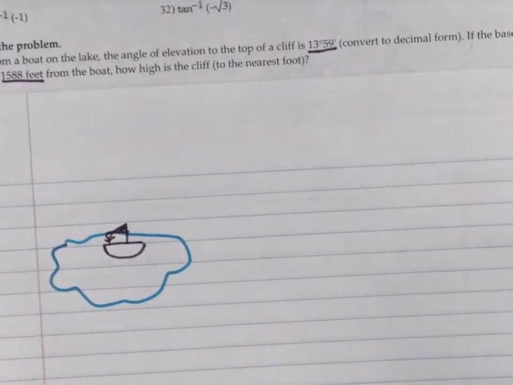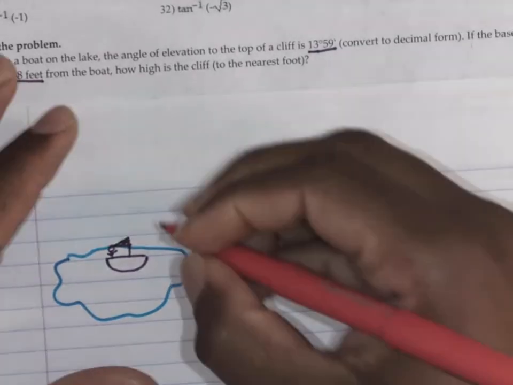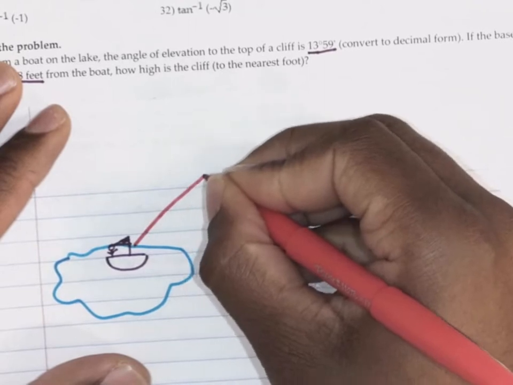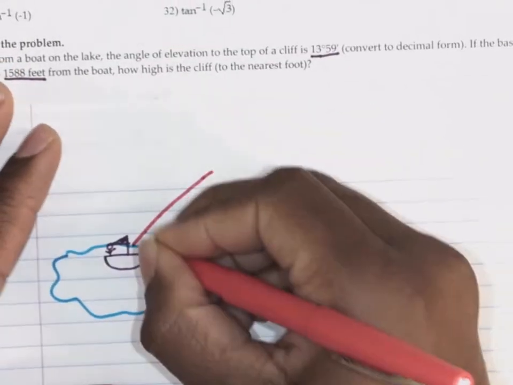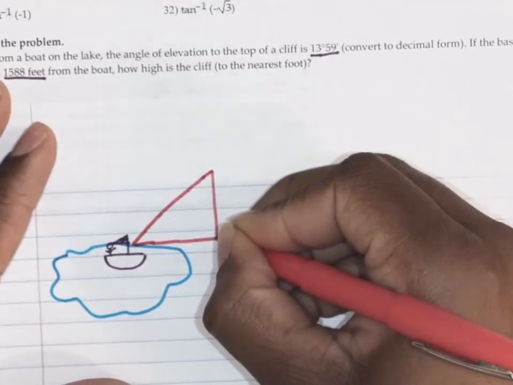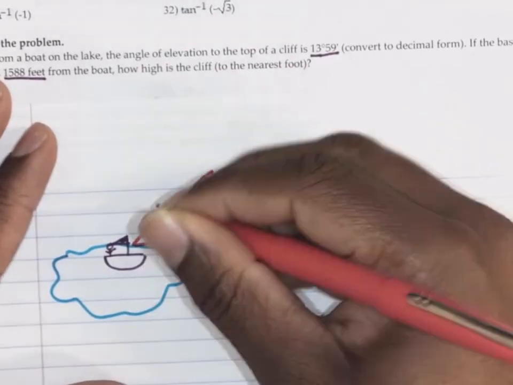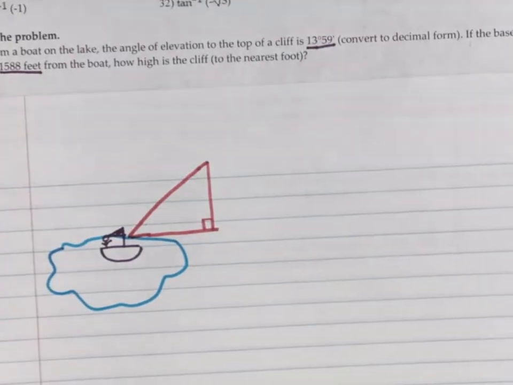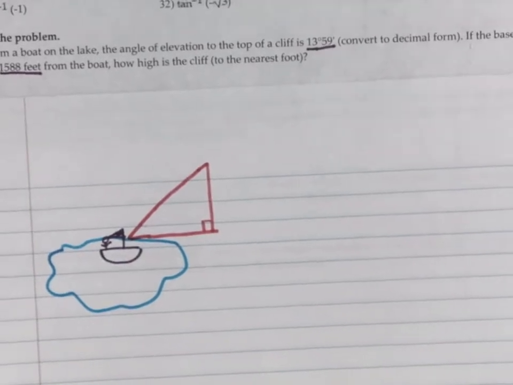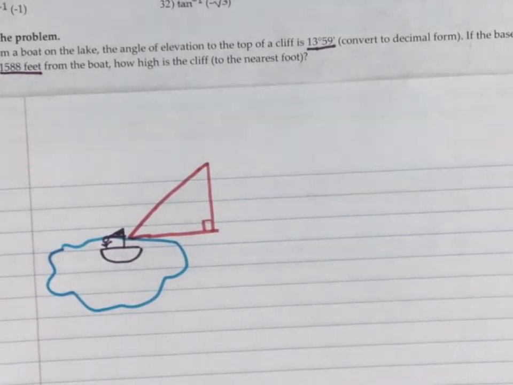It says the angle of elevation to the top of the cliff is 13 degrees. So if this is like lake level or ground level, this angle of elevation would be 13 degrees, 59 minutes. Let's convert that to a whole number. 59 minutes is almost a whole hour, so I'm thinking it's going to be very close to being 14 degrees.